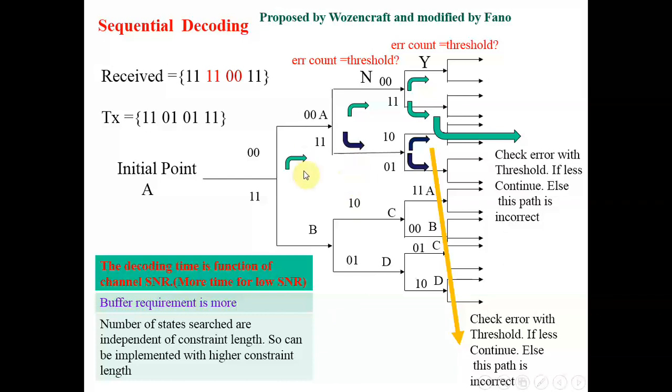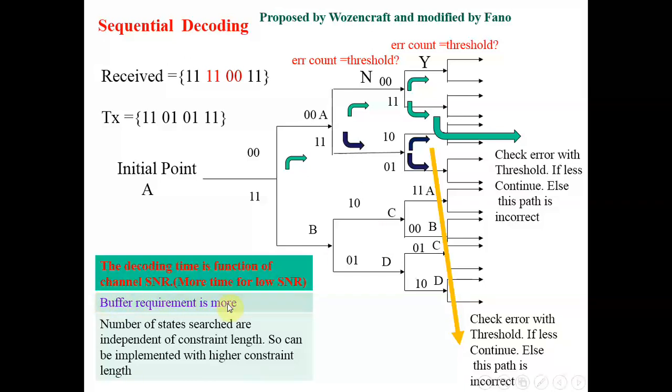And if the number of bits in error is more, you need to travel more paths to finally decode the codeword. So that indicates that the decoding time is a function of channel SNR. If my channel SNR is good, I may have to travel a little less through this decoding process.